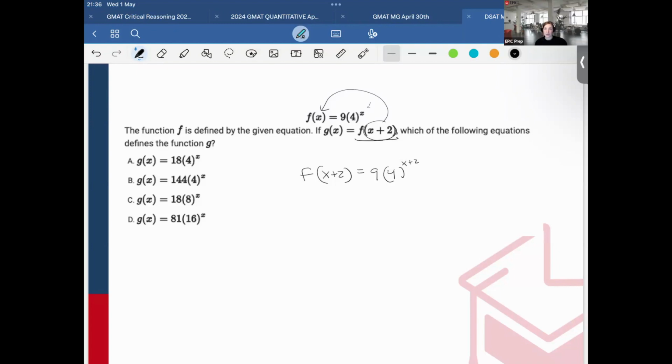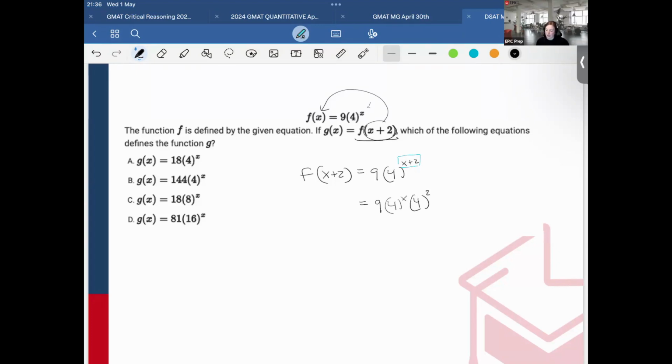Okay, so from here, always when you have exponents involved in the problems, you want to reverse engineer them. So looking at this, I can reverse engineer it because whenever I have addition with exponents, that means that I would have multiplied previously to have solved the problem. So this would be the same as saying 4 to the x times 4 squared.